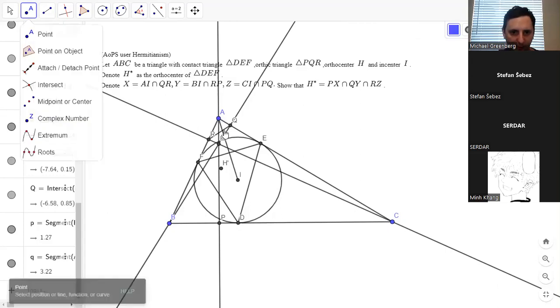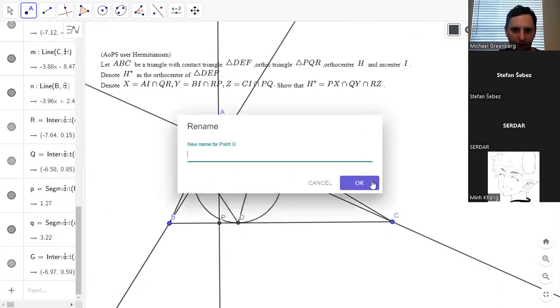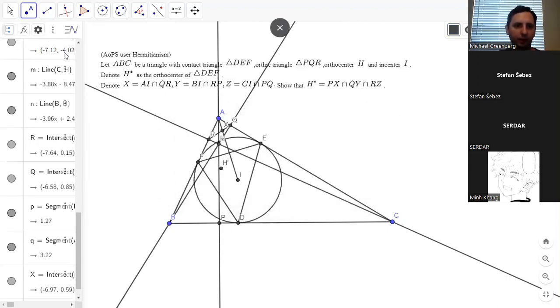So I'm going to make it nicer in just a second. But if this is X, we want to show that H prime lies on PX.